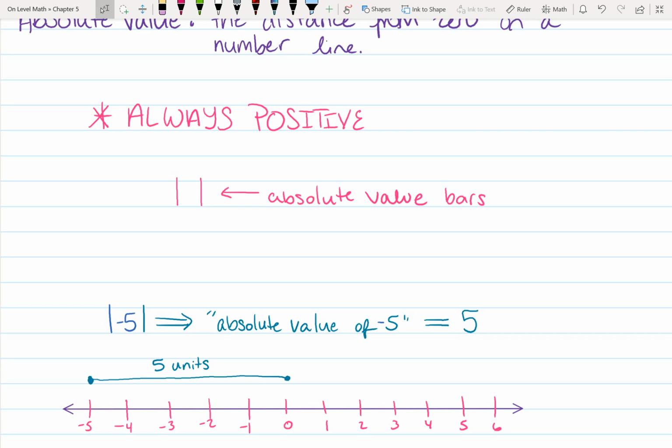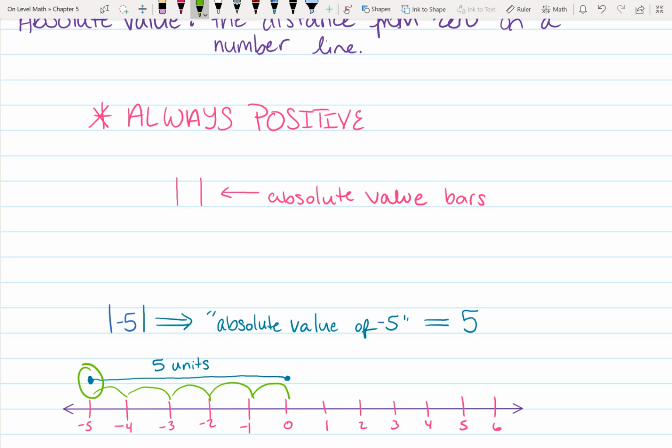So if we look at negative 5 on a number line, which is what I've drawn right here, it's saying, how far away is negative 5 from 0? Well, it's 1, 2, 3, 4, 5, right? It's 5 units, 5 hops, whatever. It's 5 units away from 0. So absolute value of negative 5 is just 5.